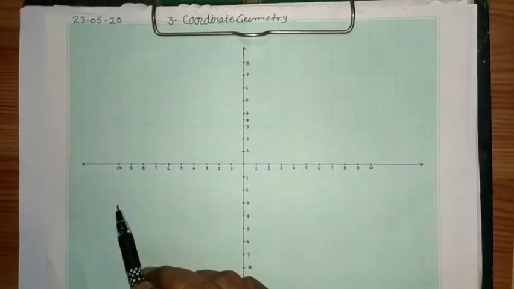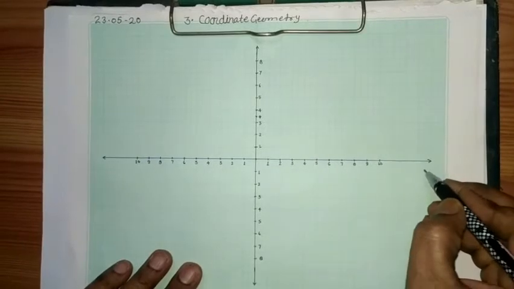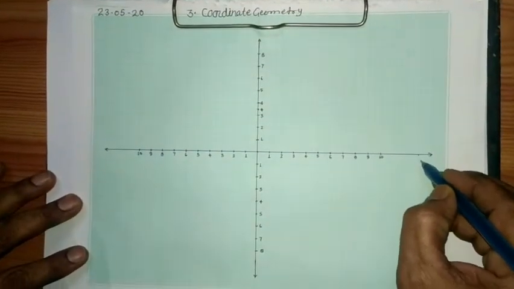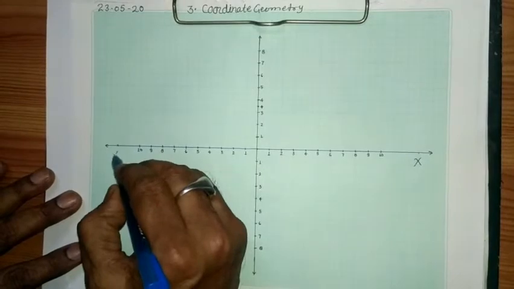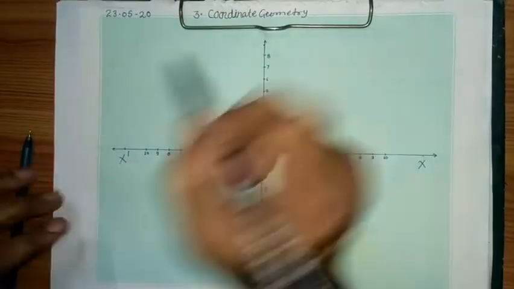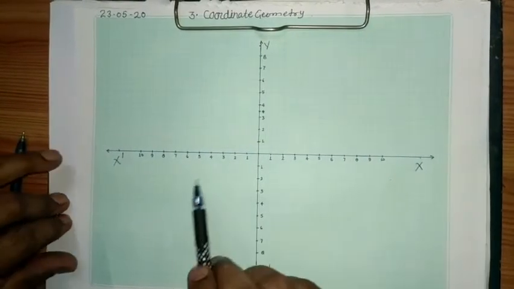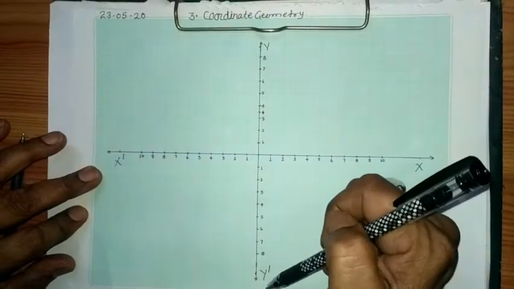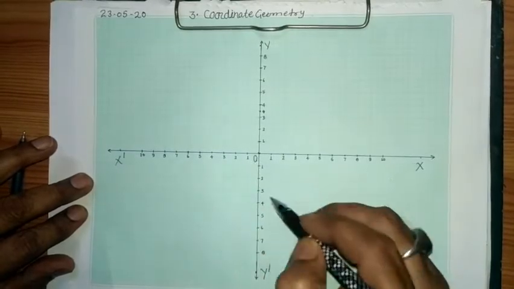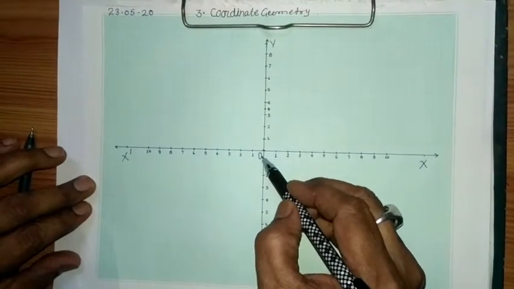In the Cartesian plane, first we draw a horizontal line denoted by X'X and a vertical line denoted by Y'Y. Both the horizontal and vertical lines intersect at a point denoted by O. This point O is called the point of origin.